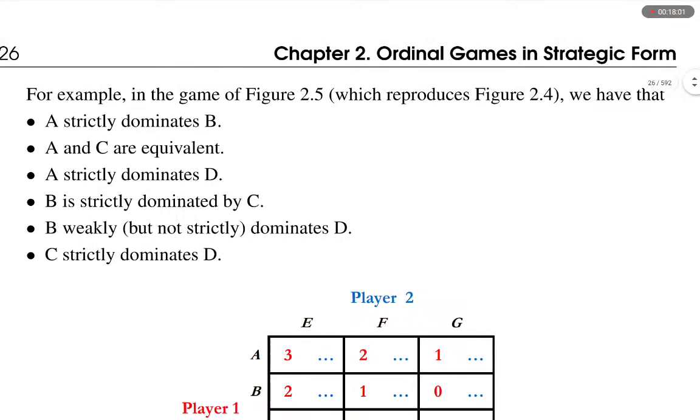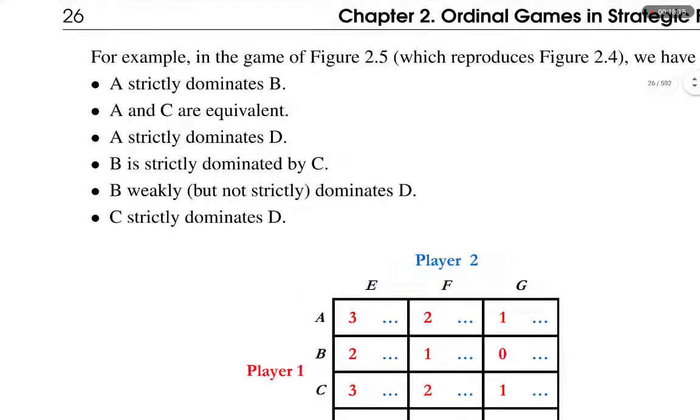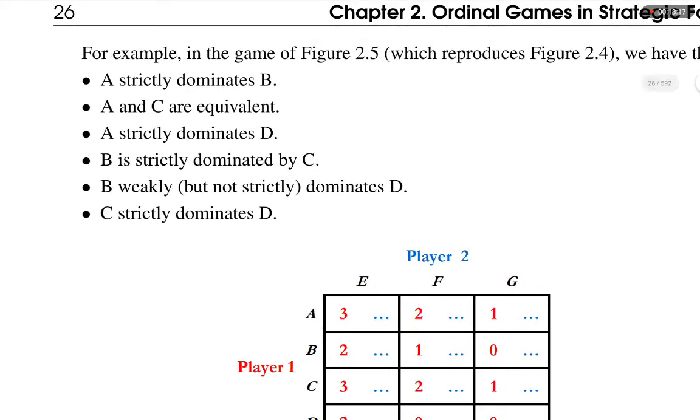For example, in the game of figure 2.5, which reproduces figure 2.4, we have six bullet points. The first bullet point, capital A strictly dominates capital B. Next, capital A and capital C are equivalent.